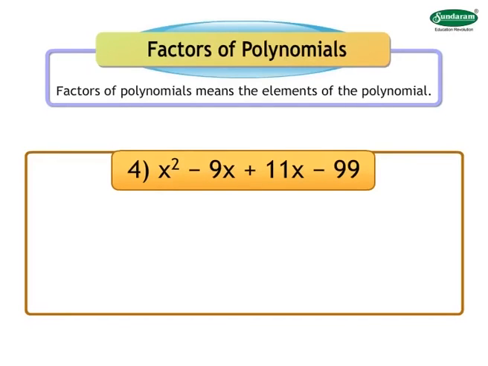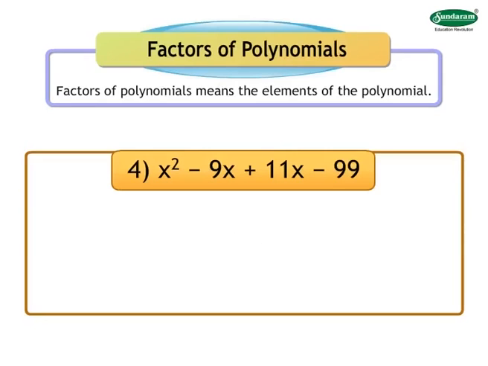For the first and the second term, x square minus 9x, taking plus x common, we get plus x into x minus 9. For the third and the fourth term, plus 11x minus 99, taking plus 11 common, we get plus 11 into x minus 9.